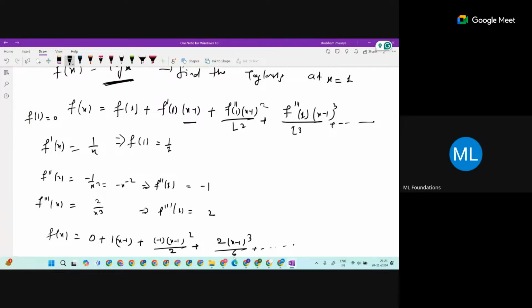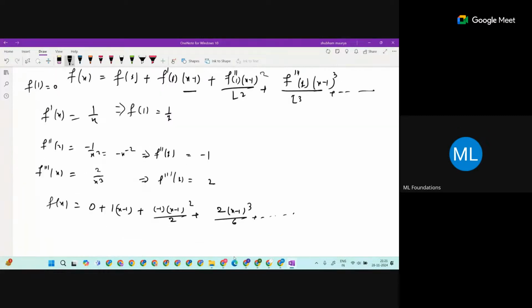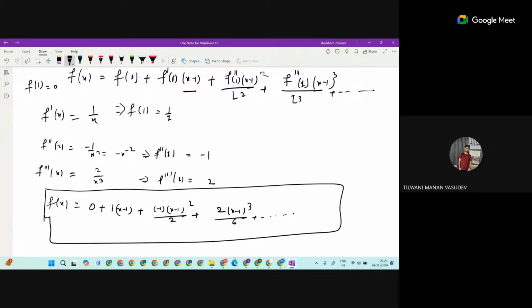And that's the thing, we'll proceed here. The denominator will be a factorial.